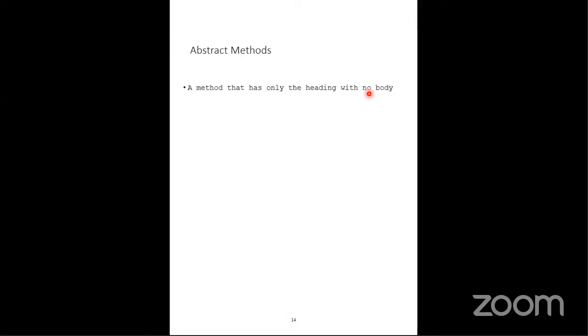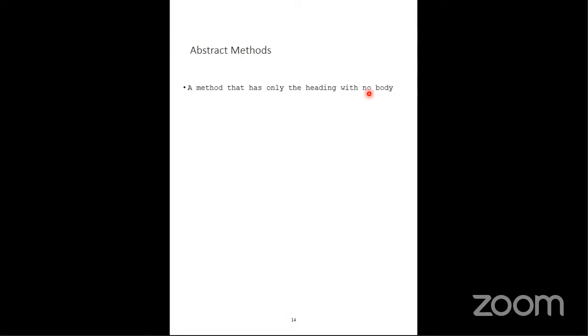Okay, so what about the method which I put in the shape class? Public double calculateArea empty brackets. I don't have any specific details available to implement that body. So I will write the method, but no body of the method. Such a method in the superclass is called abstract method.